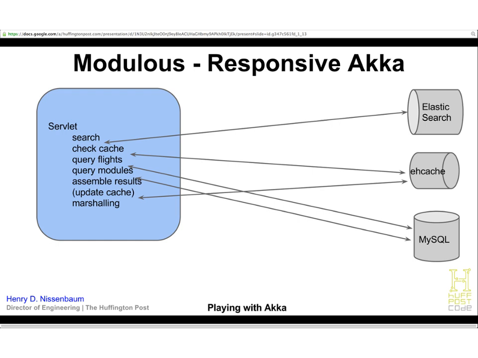So I might have built a servlet that would take the request, figure out what the search is, make the search from Elasticsearch, take that response, and check to see if it's in the cache. If it's not in the cache, make multiple queries to the database, assemble those results, update the cache if necessary, and then marshal the response back to the HTTP client that started it all off in the first place.